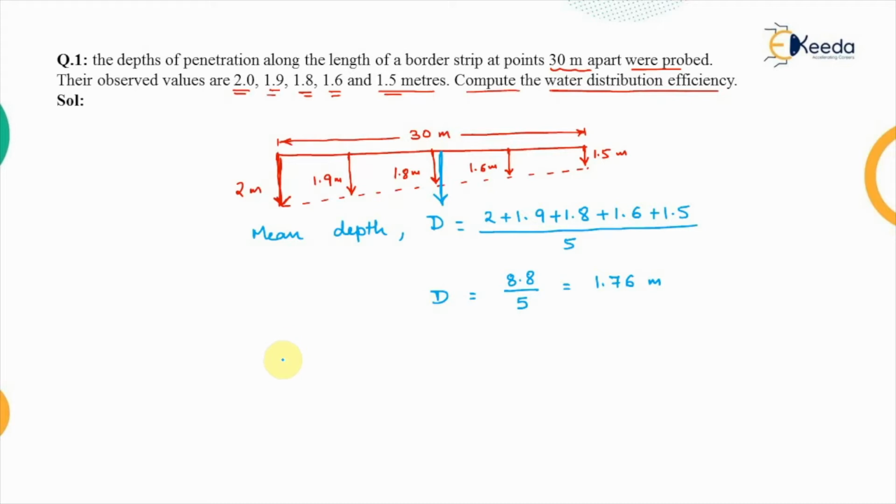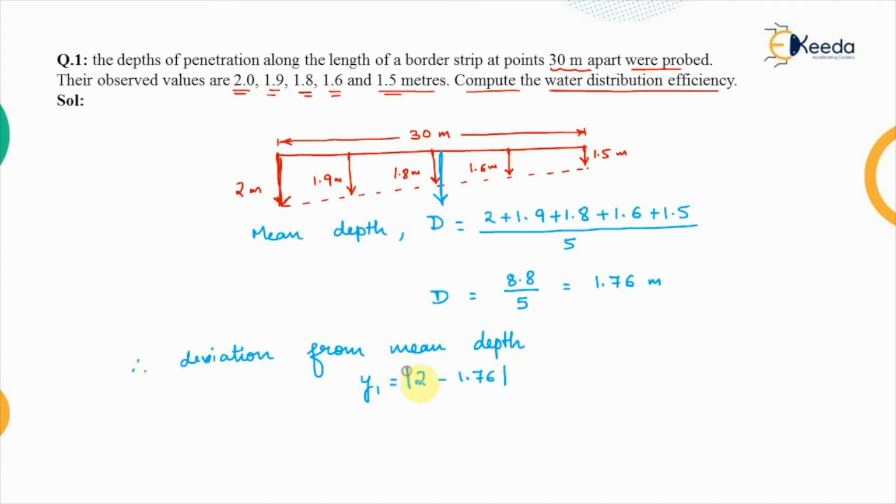Now we need to calculate the deviation of each value from the mean depth. Therefore, deviations from the mean value. For the y1 value, that is d1, it was 2 meters and the average depth is 1.76.